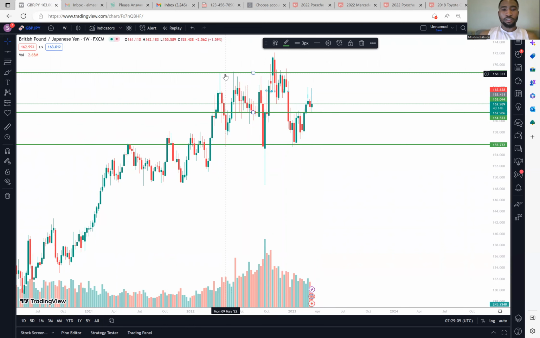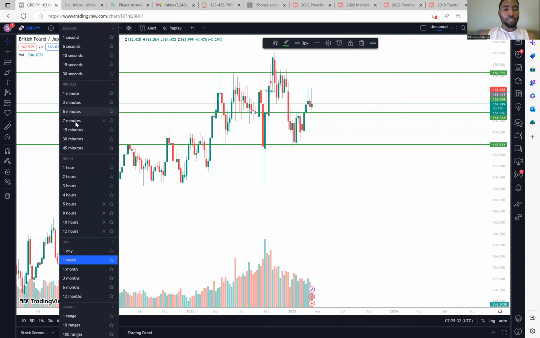It's more like a head and shoulders, but I would say resistance, because this one is like a fake out. I will not see this one as a head and shoulders, because it looks like a fake out, when the market just goes and hunts stop loss.